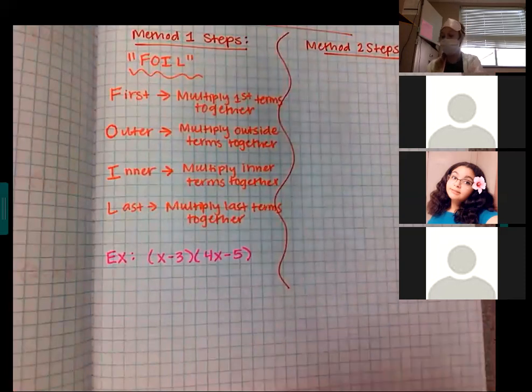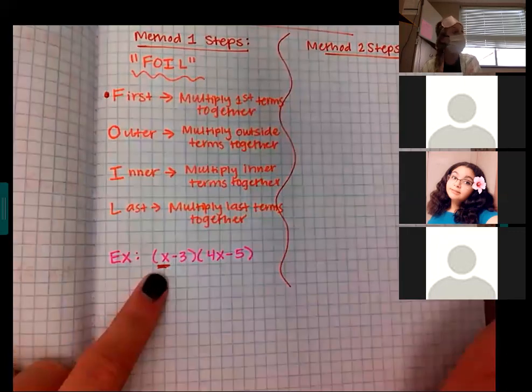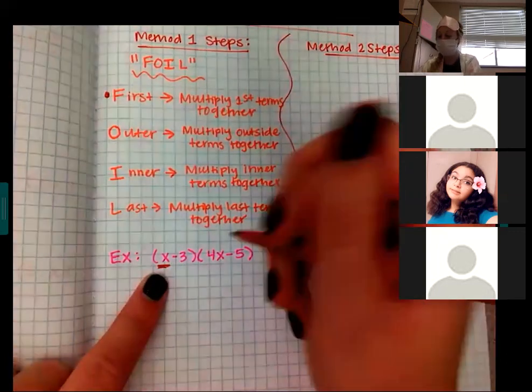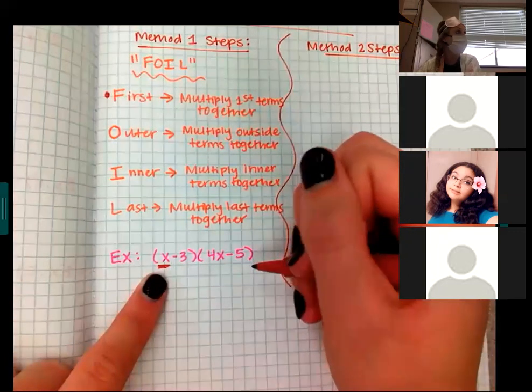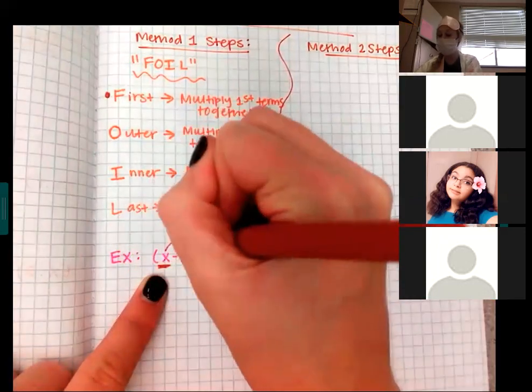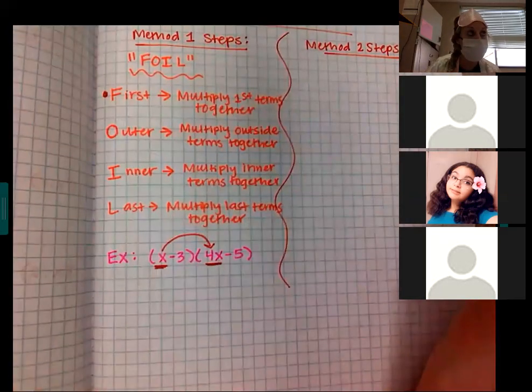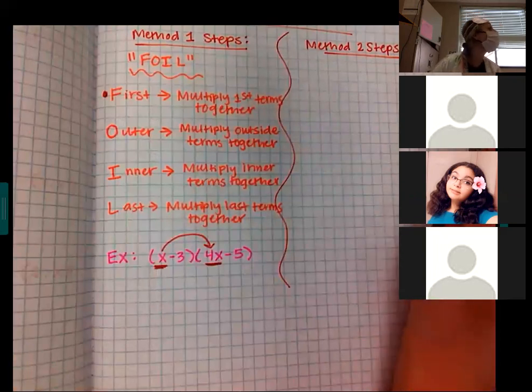Multiply your first term. I'm going to do my first in brown. x is the first one here. And what's the first one in the second polynomial? 4x. So what is x times 4x? 4x squared.